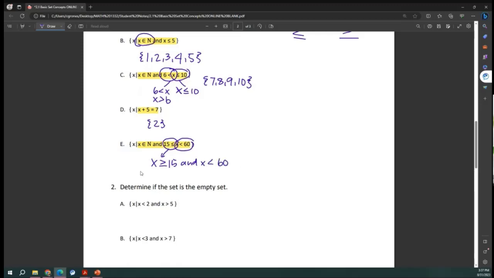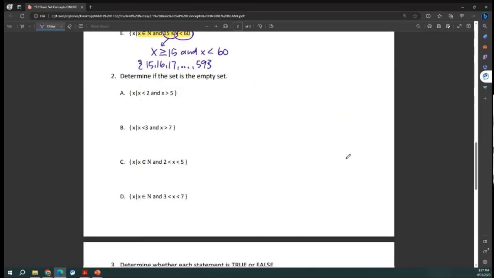So what numbers would be in this set? 15, 16, 17, all the way to what? 59, yes. Yes, so you can use 3 dots, and that just means that it continues. And I think most of these on your homework are multiple choice, so you don't have to actually list all these out.